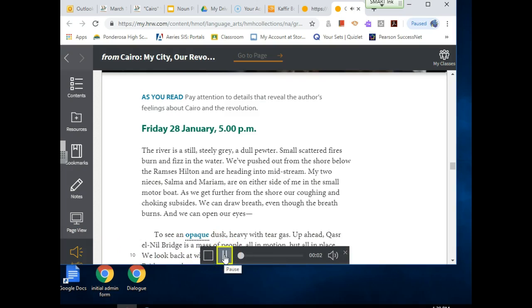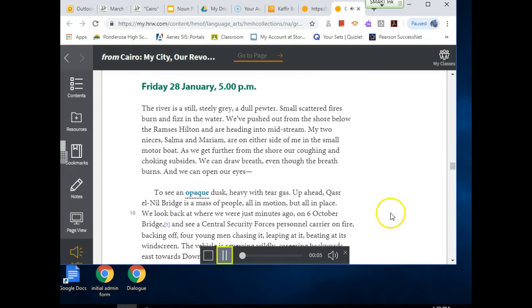From Cairo, My City, Our Revolution. Diary by Ahdaf Soueif. Friday, 28th of January, 5 o'clock p.m. The river is a still steely gray, a dull pewter. Small scattered fires burn and fizz in the water.